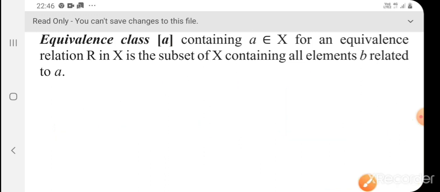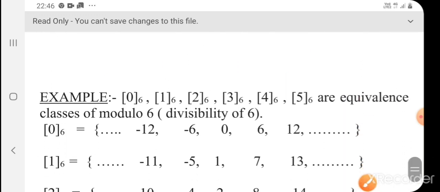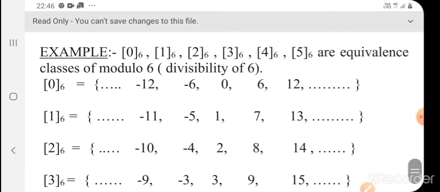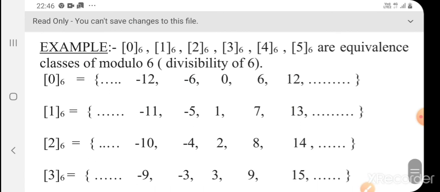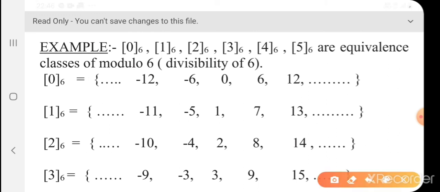Now take one example, divisibility by 6. The 0, 1, 2, 3, 4 and 5 equivalence classes are the equivalence classes modulo 6.